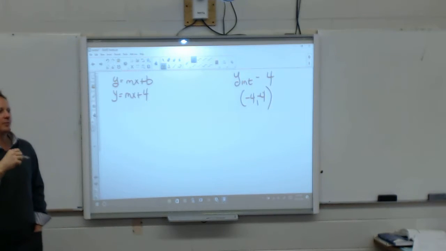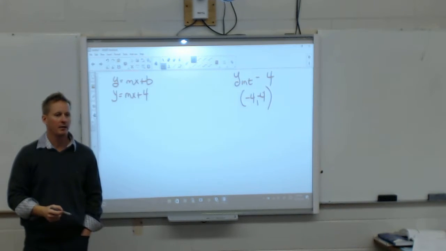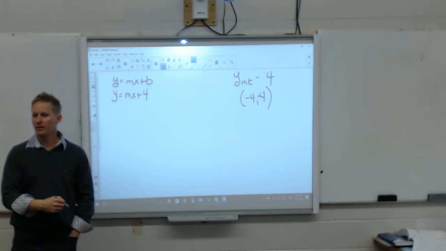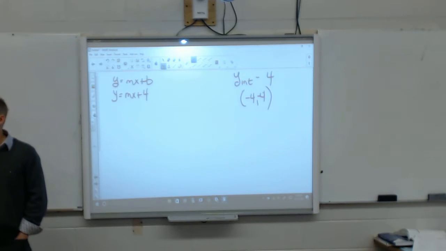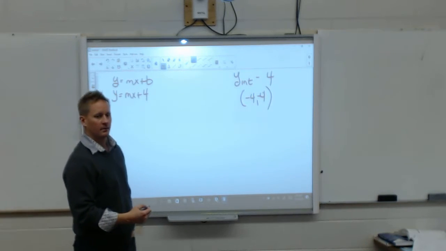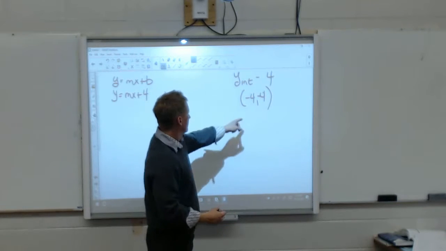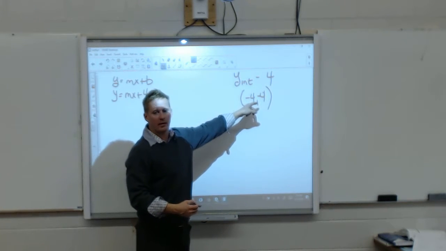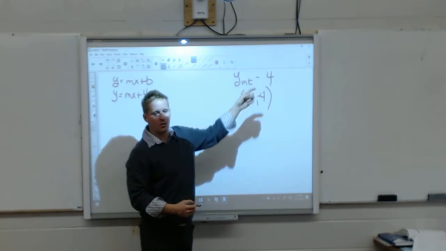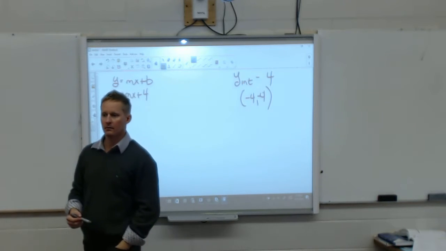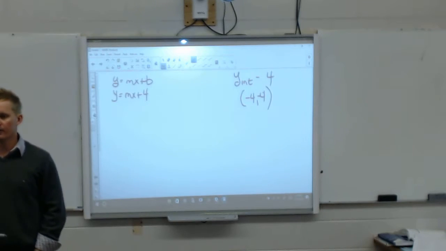You could use your slope equation for sure, right? What's another alternative to find out what the m value was here? The line passes through this coordinate and that coordinate, right? Plug it into the equation.